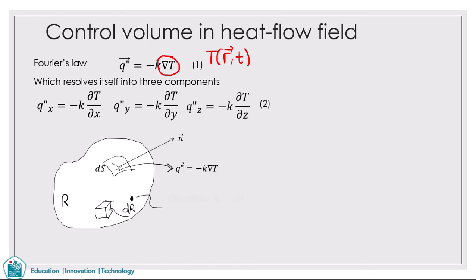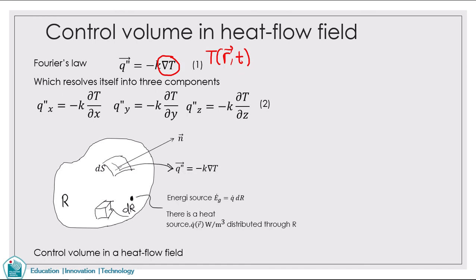So imagine we have a control volume in a heat flow field. This one is an unsymmetrical volume, and of course, since it's a volume, it is a finite region of a conducting body.